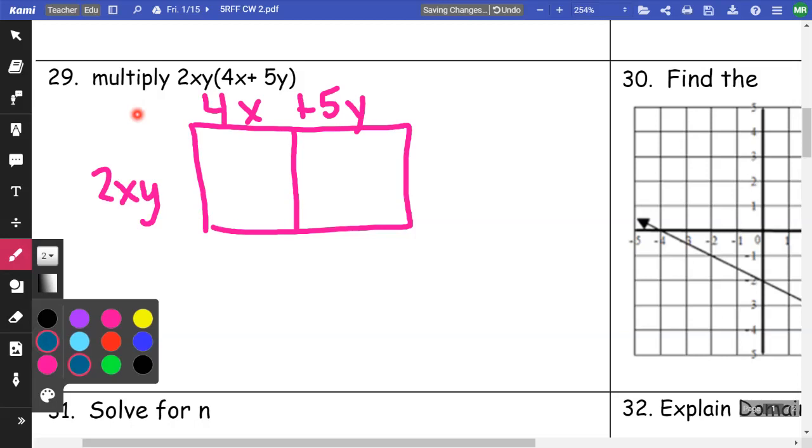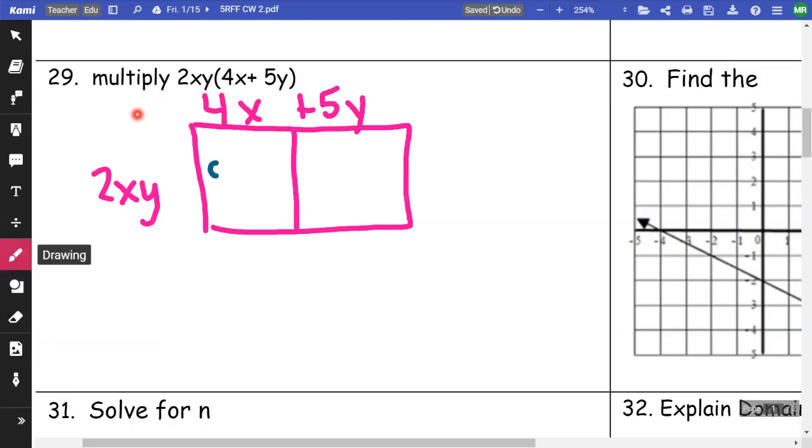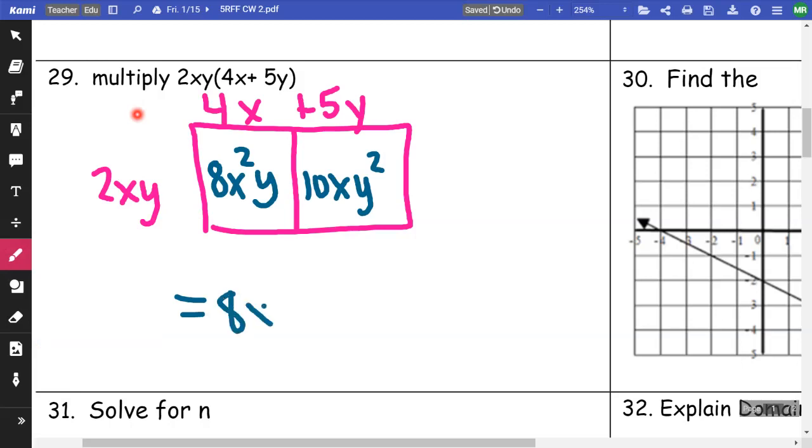And when I do that, on the first box, I'm going to get 8. x times x is x squared, and then a y. My second box, I'm taking 2 times 5, which is 10, x, and then y times y, y squared. And then you write your answer out. 8x squared y plus 10xy squared. That's your answer.